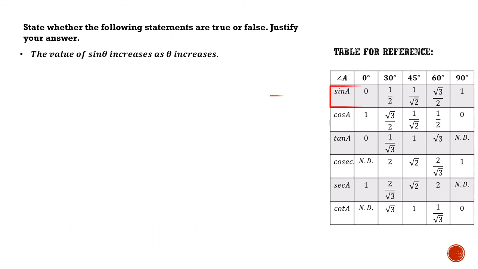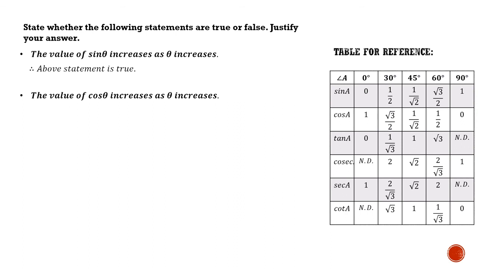From 0 degree to 90 degree, the value of sine 0 is 0, at 30 it is half, at 45 it is 1 by root 2, at 60 it is root 3 by 2, and at 90 it is 1. So yes, the value is increasing as we keep increasing theta, the angle, which means the statement is true.